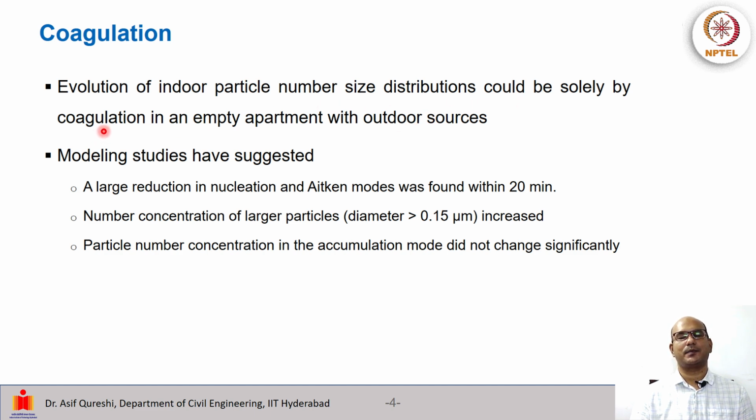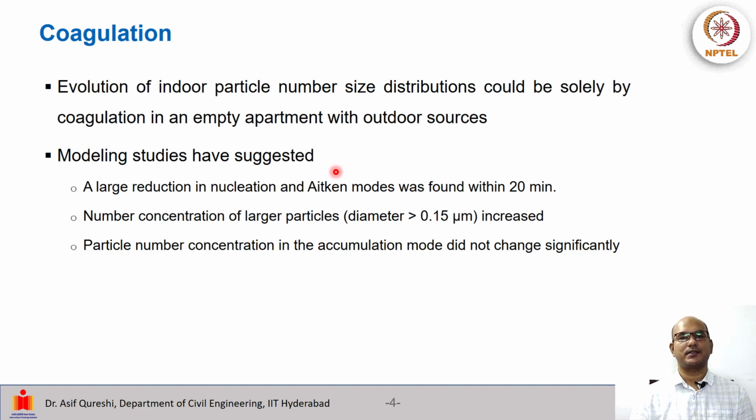Of course, if deposition is faster for particular size ranges, then for those size ranges we will have a different particle number size distribution, but when deposition is negligible, it is coagulation which will influence the indoor particle number size distributions.